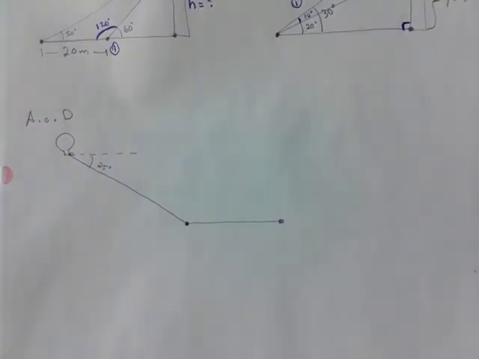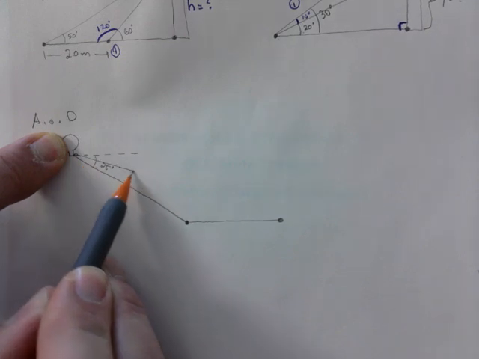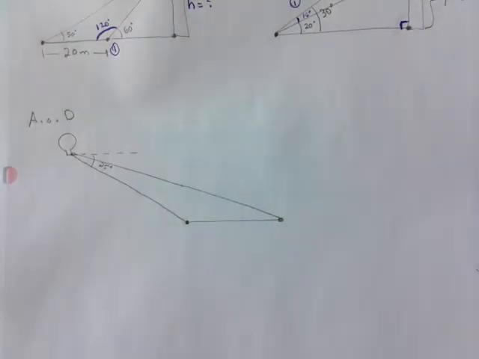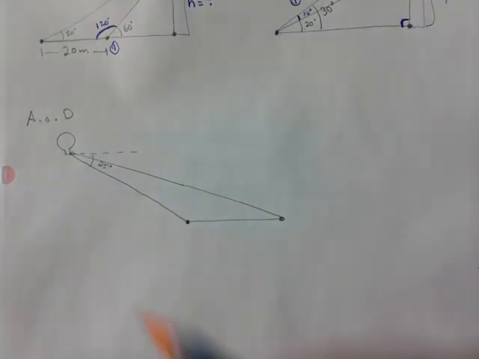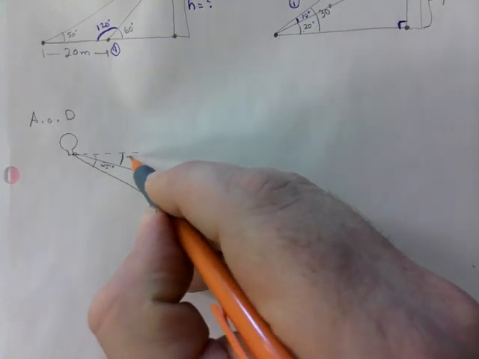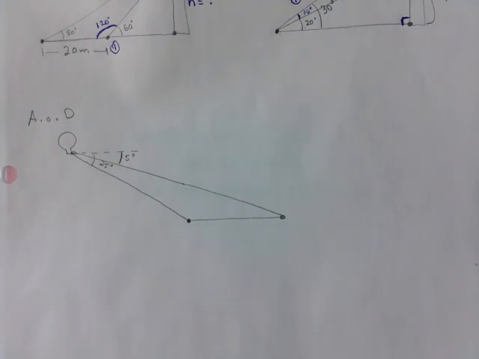It's a bit steep for 25, but hey, let's just go with it. And let's say that from the same place, you're noticing that second spot, and that angle is, let's say, 5 degrees. The further away you look, the smaller the angle becomes. So you have something like this.